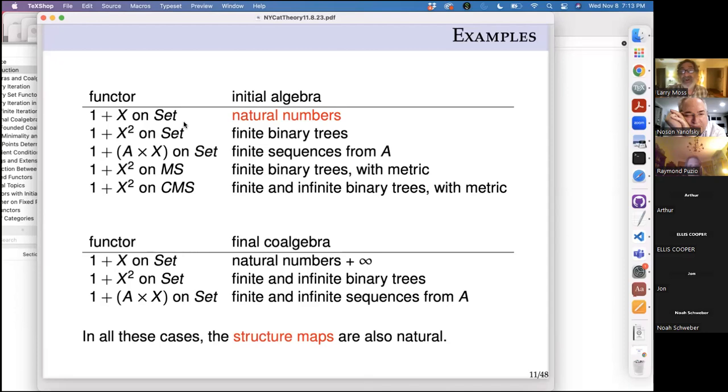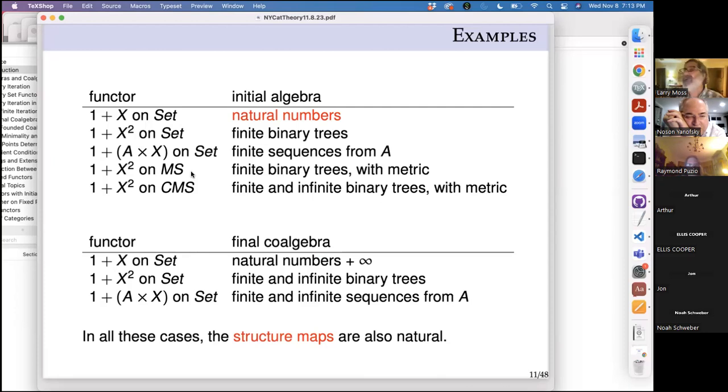Now you can vary the category too. So if you vary the category from Set to metric spaces, that's what I'm going to do in this talk: do something on Set and then look at it in other categories. We have the same functor, 1 plus x squared, but I want to change the category. What you would get is the set of finite binary trees with a certain metric. Maybe I'll tell you what that metric is later.